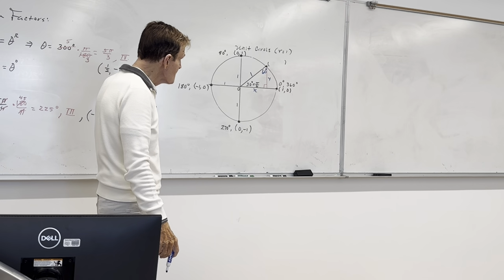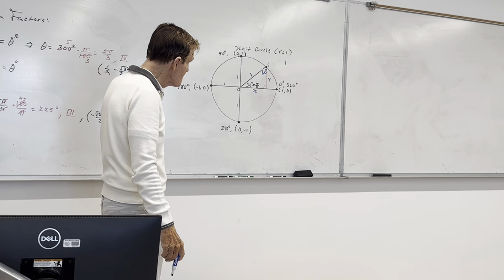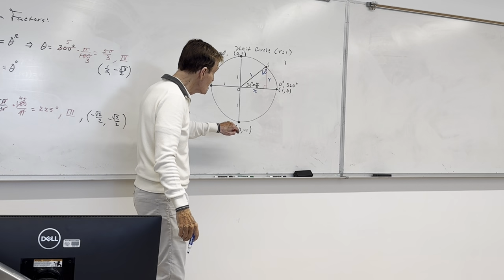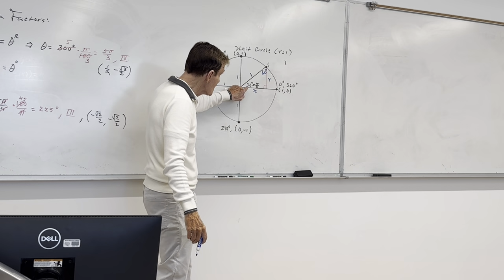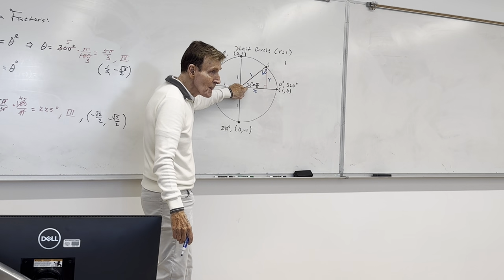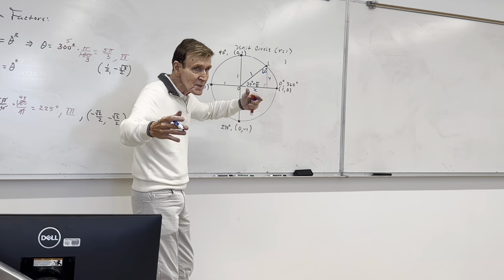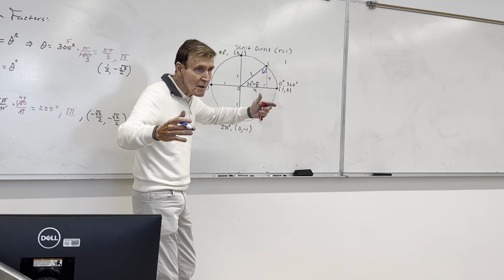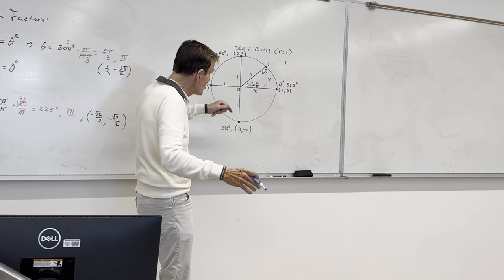The side that is against the 60 degree angle is one half of the, what do you call it? Now you're almost saying it. Of the longest side. Okay, the hypotenuse.